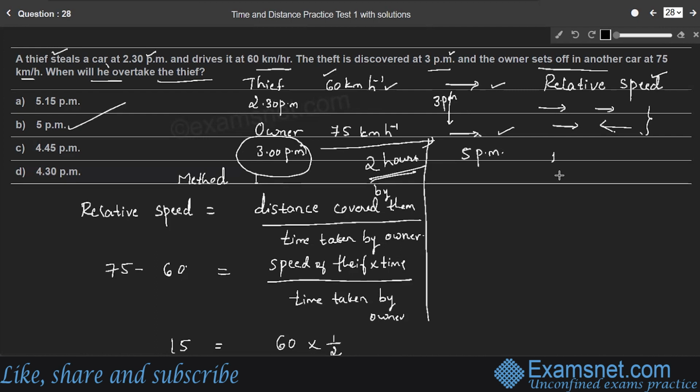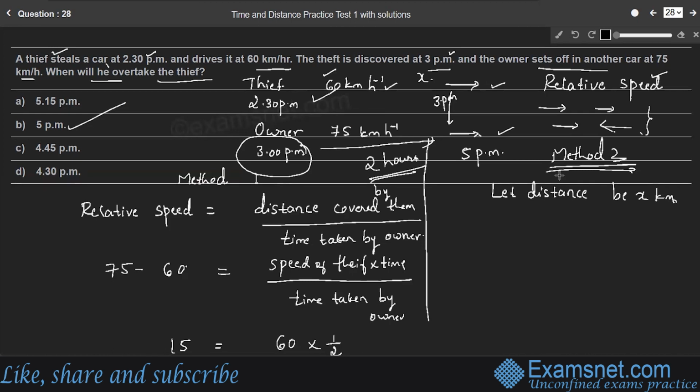So here we'll consider another method. Method 2: we'll consider the time taken by the thief to reach some distance. Let the distance covered by them be x kilometers. So the thief and the owner both have covered x kilometers.